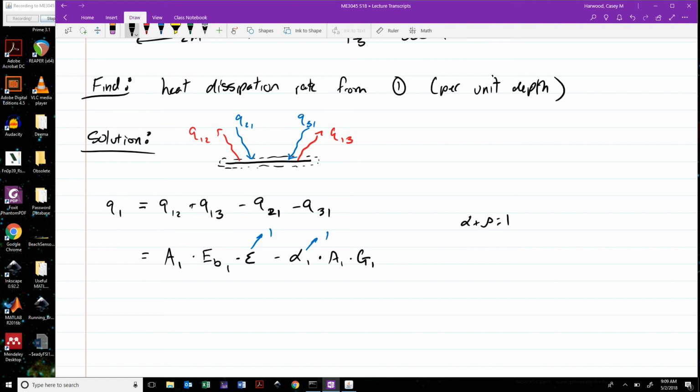I can either say that rho, the reflectivity, times G goes into the column of energy heading out, or I can recognize that all of the energy coming in, G, minus the energy being reflected is equal to the energy being absorbed. So six of one, half dozen of the other. But I'll do it in both ways, so you see that the two are equivalent here.